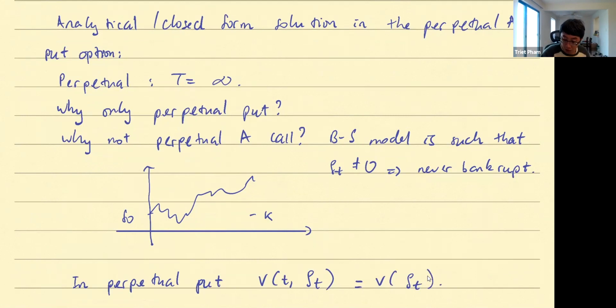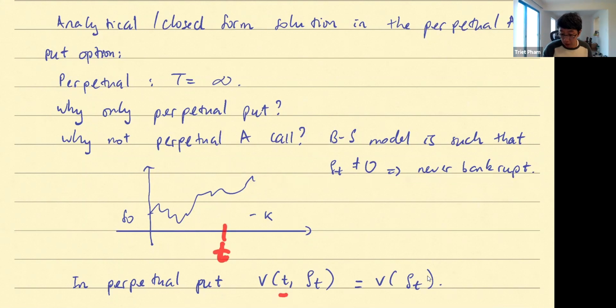So in other words, at any time, the value of the perpetual put, remember, perpetual means the whole future is up to you. You have the whole future ahead of you. There's no time window where the time to expiration is decreasing. Time to expiration is always the same, which is infinity. Because of that, any time point looks the same to you.